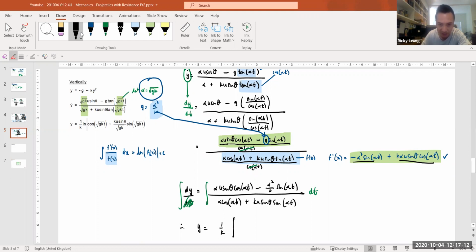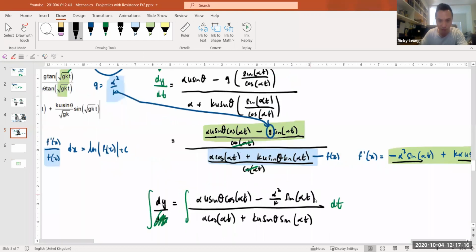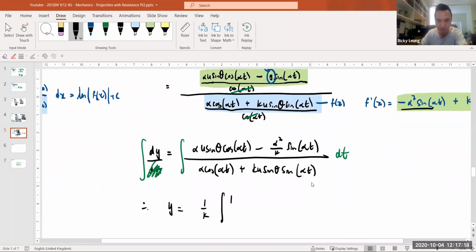Now force factorize the K out, I get K. Now I'm going to need to zoom in here. I need to write quite small on here. Let's see. K alpha u sine cos minus, K's gone, forced it out, alpha squared sine alpha t.